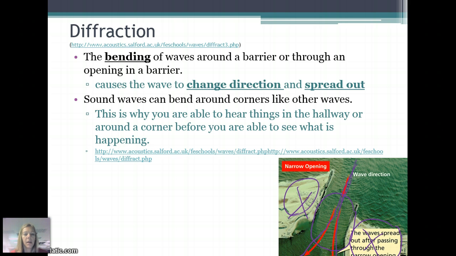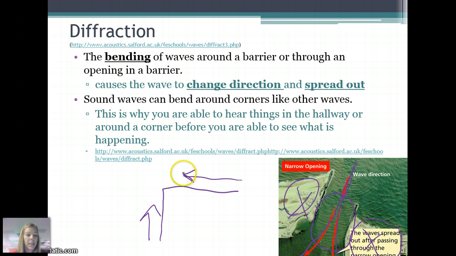This also applies to sound. If you're walking down one hallway and you observe your friend walking down another hallway, you observe them first by hearing them. If you're on a corner, with friends walking this way and you walking this way, you can't really see them yet, but you can hear them.